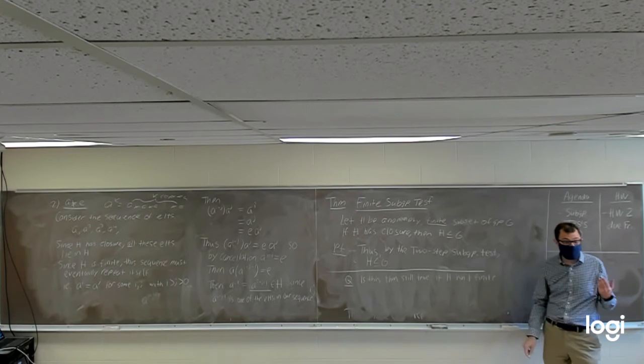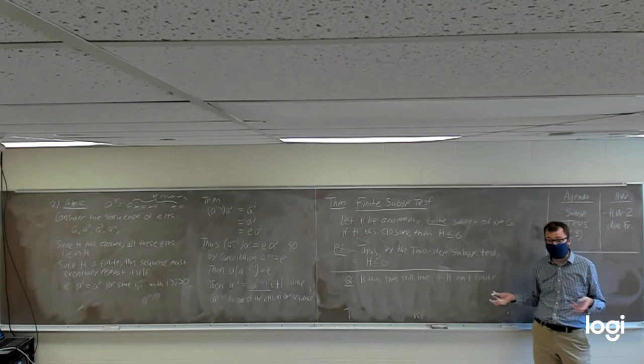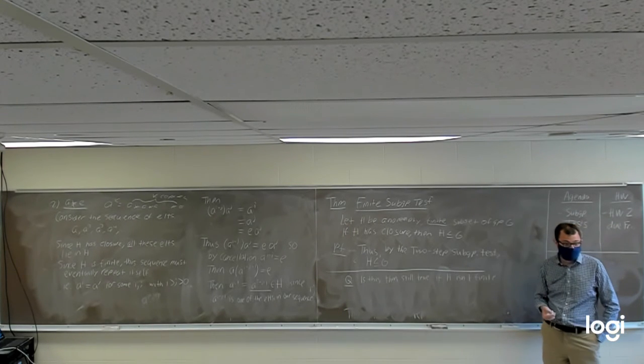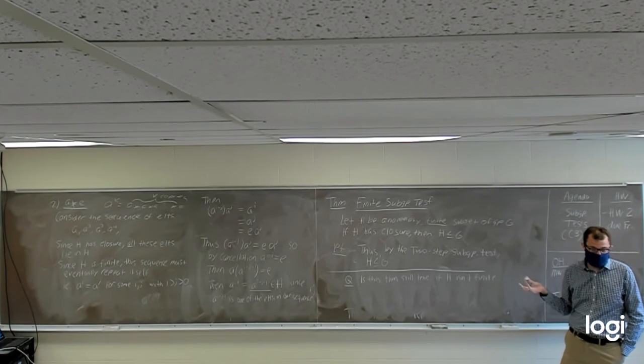Meaning, if we're given any subset H of the group G, where H has closure, does H, even if H is infinite, have to form a subgroup of G? Not necessarily, because the sequence doesn't complete itself. This is true, that we can't use this proof to show that that has to be the case.